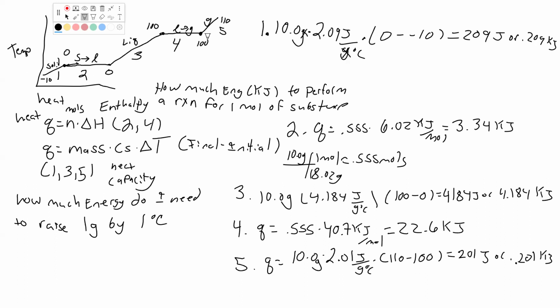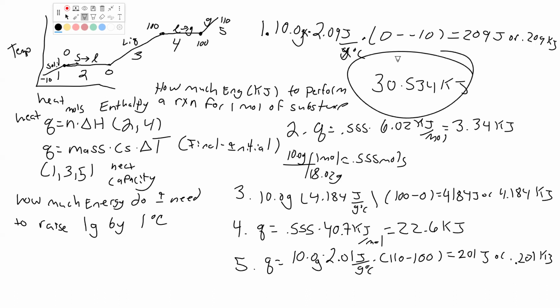Now I'm going to add up all of our energies to find out how much the entire process takes. When I do that, I have an energy of 30.534 kilojoules.